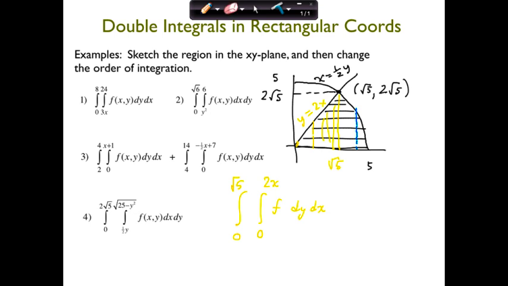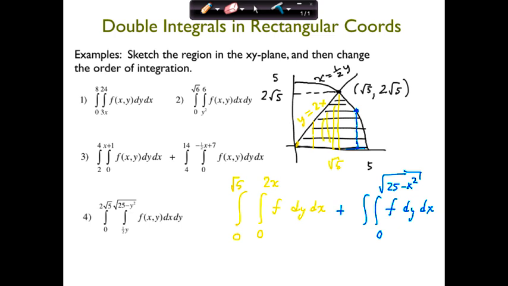Now the teal: y goes from 0 to, and we need to rewrite y as a function of x, which if you do the math, you get that.